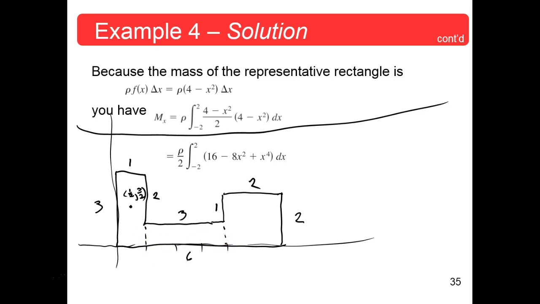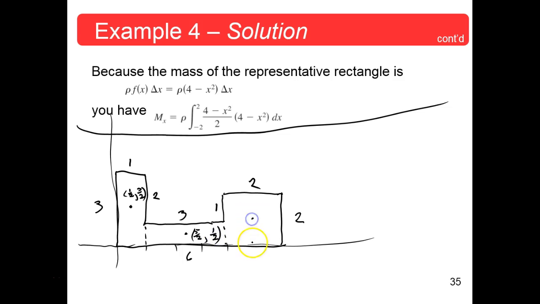So the center of mass of this one is right here, which would be 2.5, so that would be 5 halves, and 1/2 is the y. Would you buy that? Okay, yeah, that's what they got too.